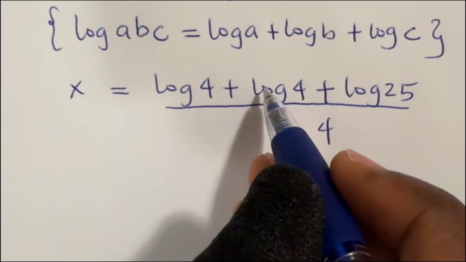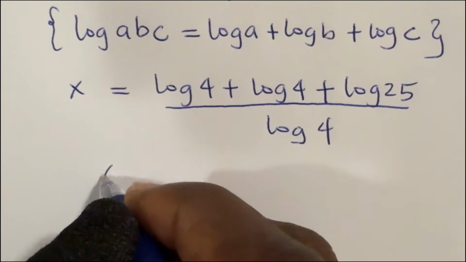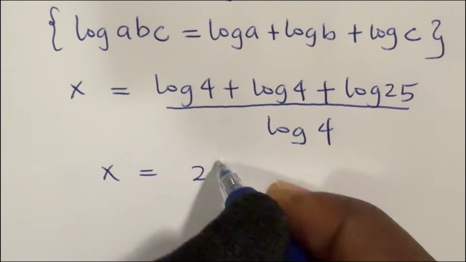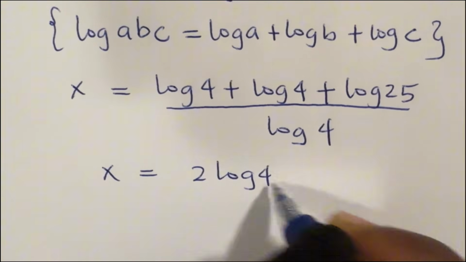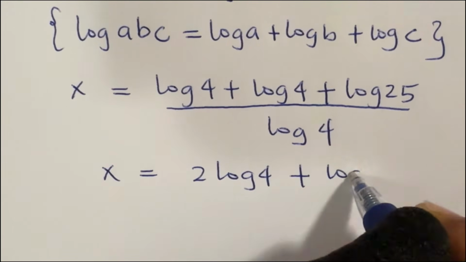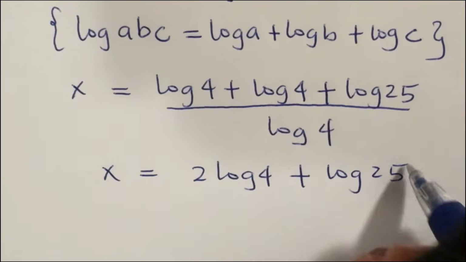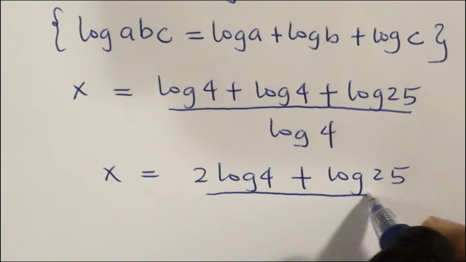Because this is 2 log 4, x is equal to 2 log 4 plus log 25 divided by log 4.